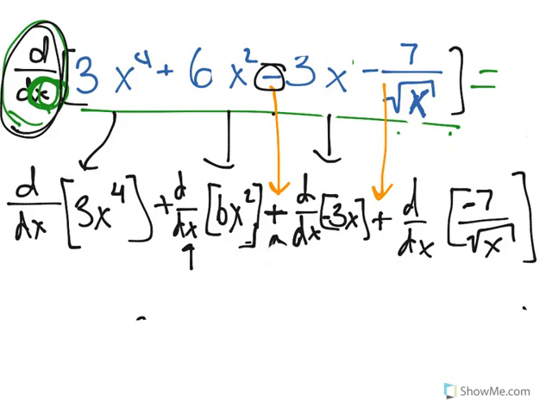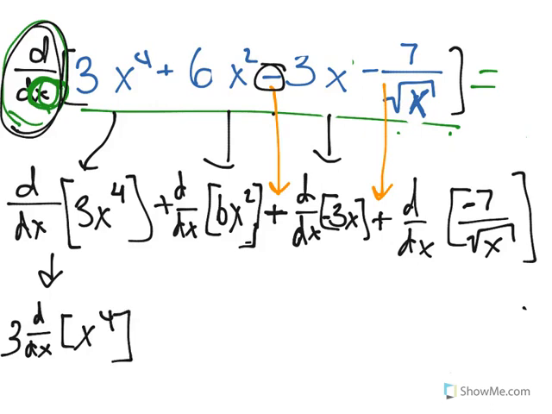Okay, so let's work this out. The derivative of 3x to the 4th, and this is where the constant multiple rule also comes in. We know that this is just equal to 3 times the derivative of x to the fourth with respect to x. Then here we can bring out the 6.